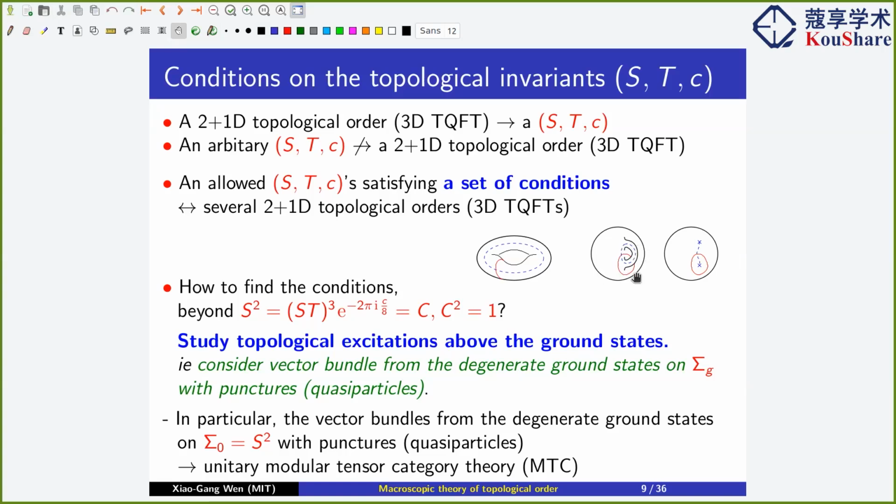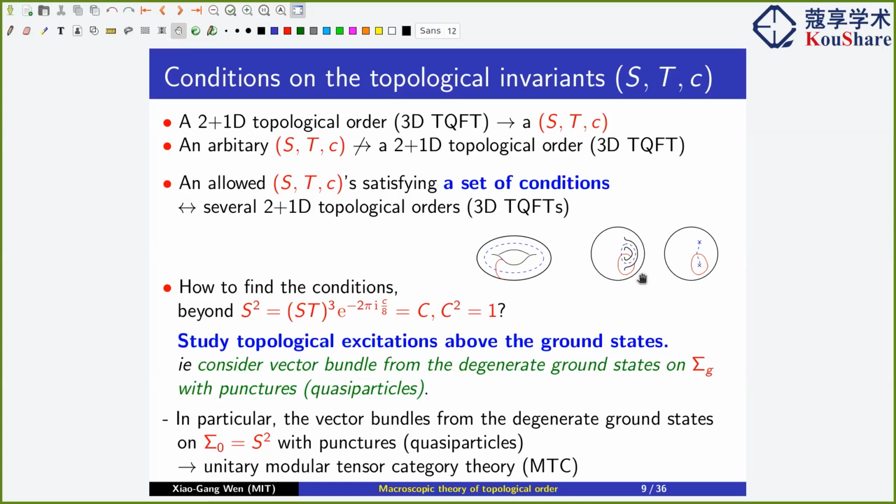At that time, I felt a little bit resistant to the excitation picture, because I felt that in order to use excitation to describe a phase of matter, I cannot consider only low energy excitations. I have to consider all excitations. I found that the theory about all excitations is too complicated because the number of excitations is infinite.